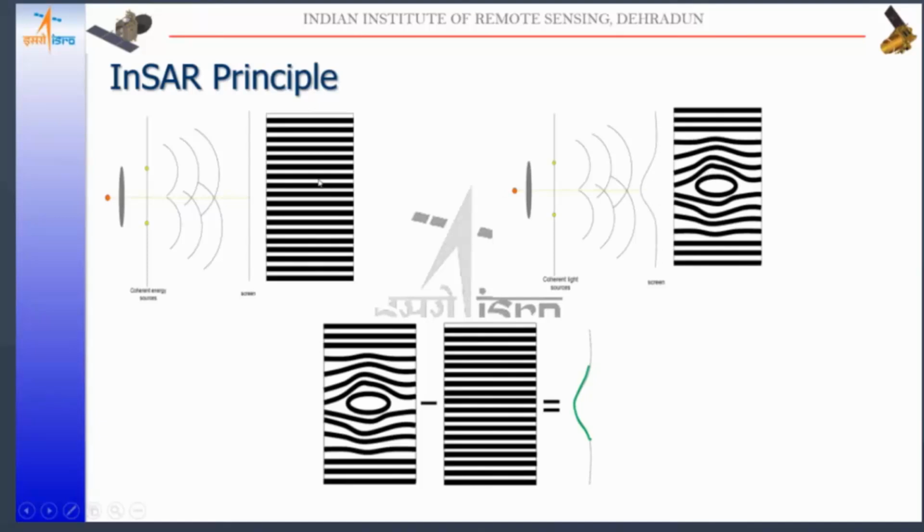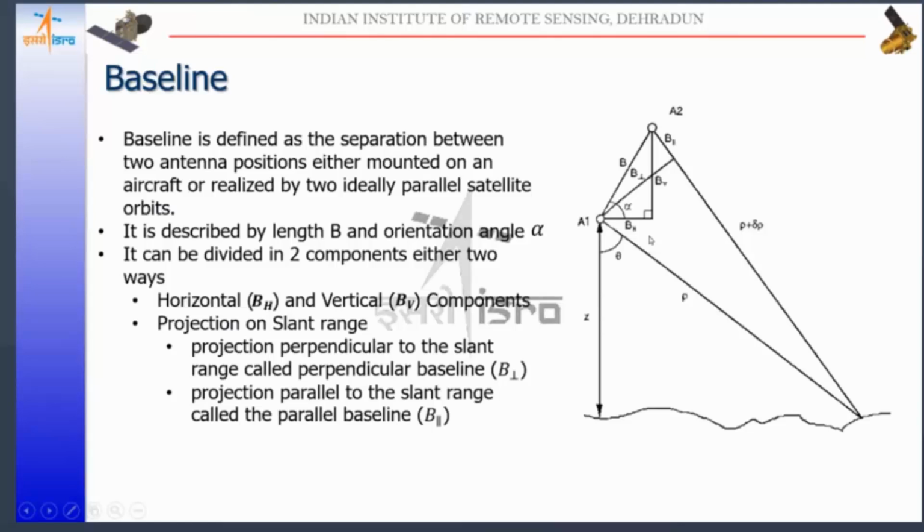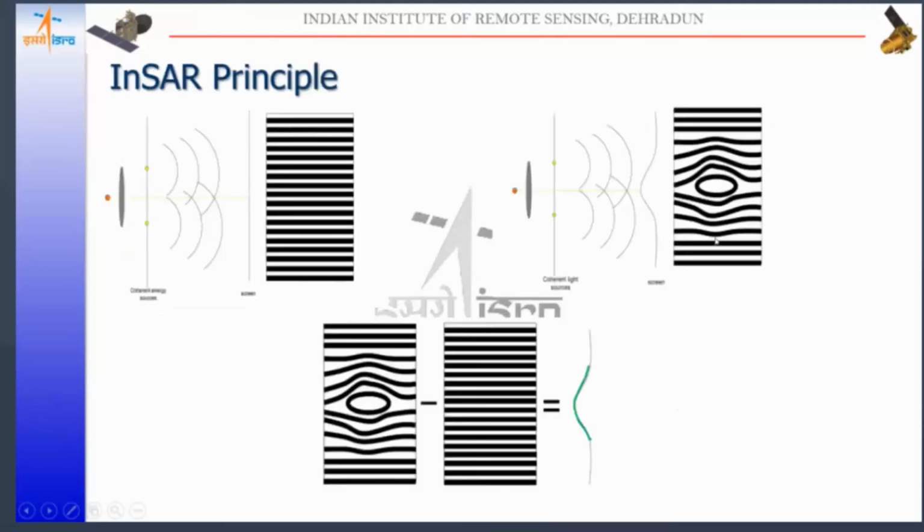If it is a flat surface, then we can see perfectly bright and dark fringes. But if there is a deformation in the surface, then we can see there are some changes in the fringes. Those changes in the fringes will give some information about the terrain surface.